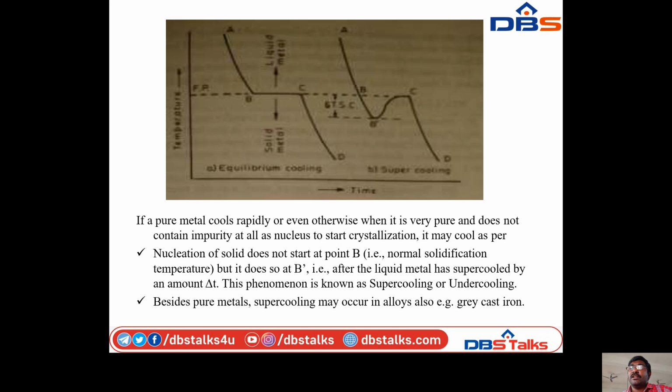Nucleation of solid doesn't start at point B, the normal solidification temperature, but it does so after the liquid metal has supercooled by an amount delta T. The phenomenon is known as supercooling or undercooling. Besides pure metals, supercooling may occur in alloys, for example grey cast iron.